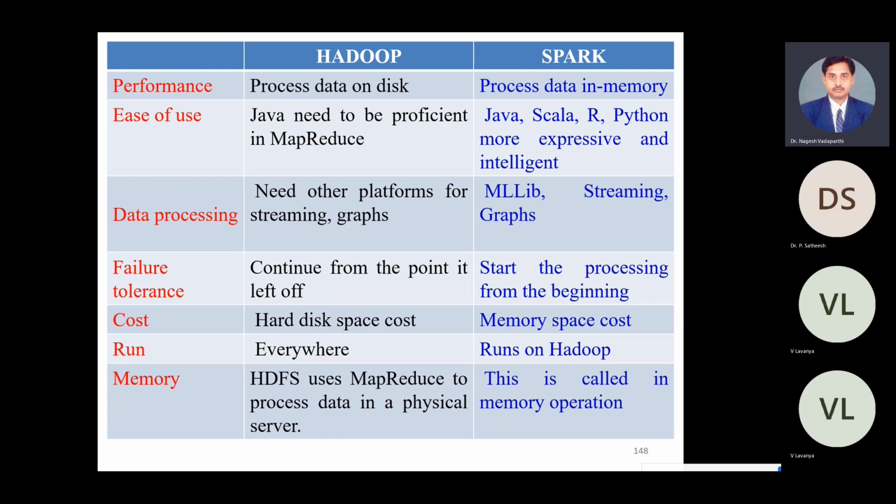Then the next parameter is failure tolerance. I'll give you one example. There are 100 servers integrated in a data center. Both Hadoop and Spark I'm using as big data processing tools. In Hadoop, it continues from the point it left off. Whereas in Spark, it starts the processing from the beginning, because with in-memory computation, you write once and read many times through random access memory.